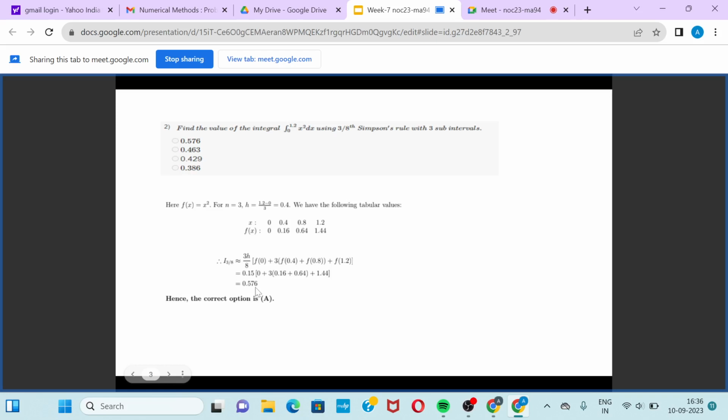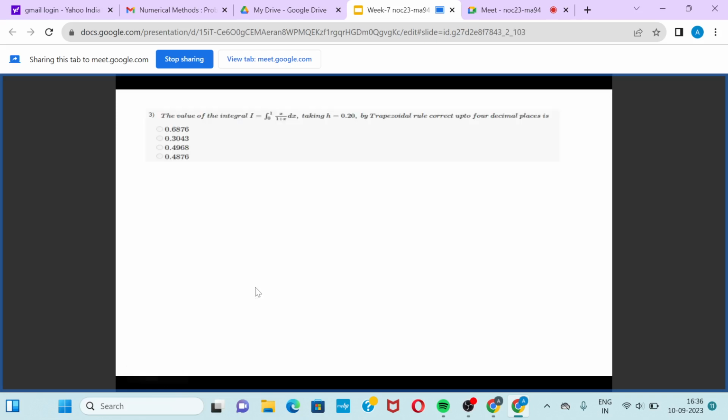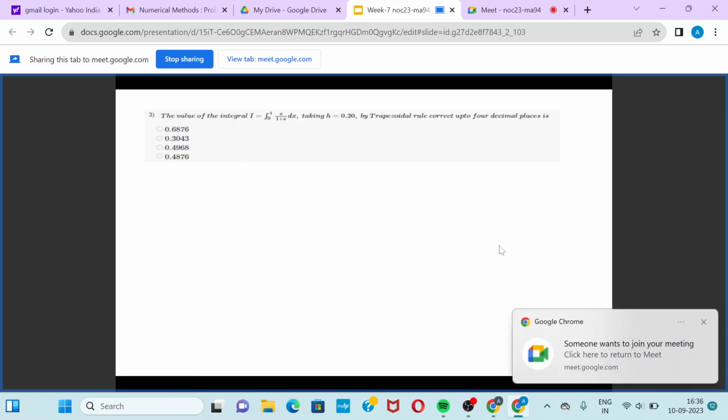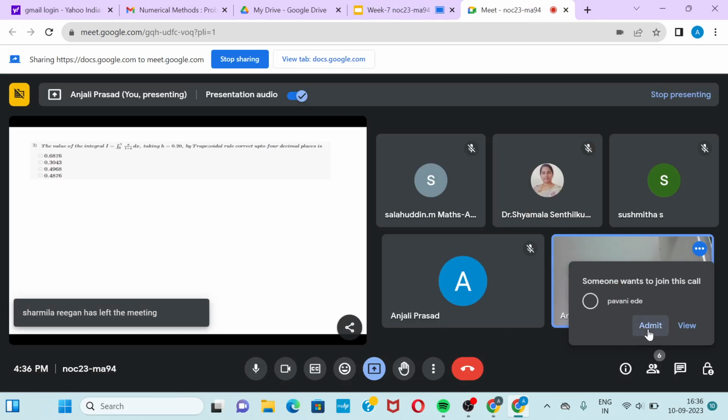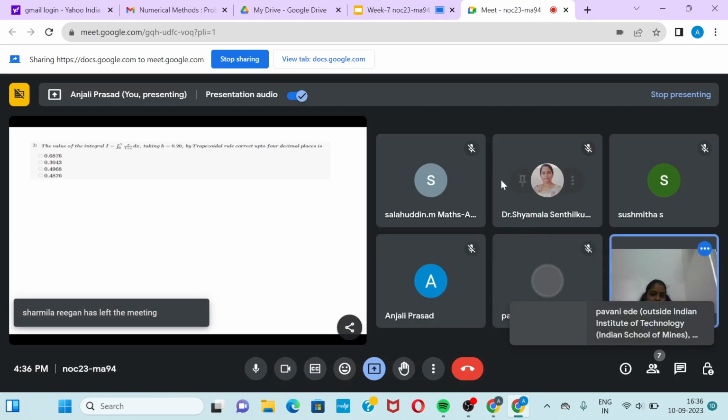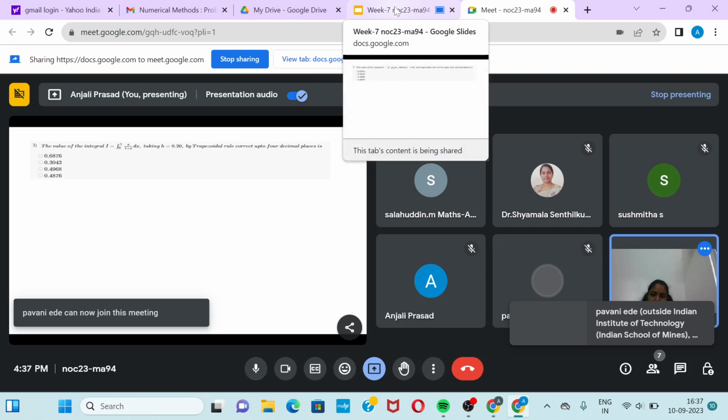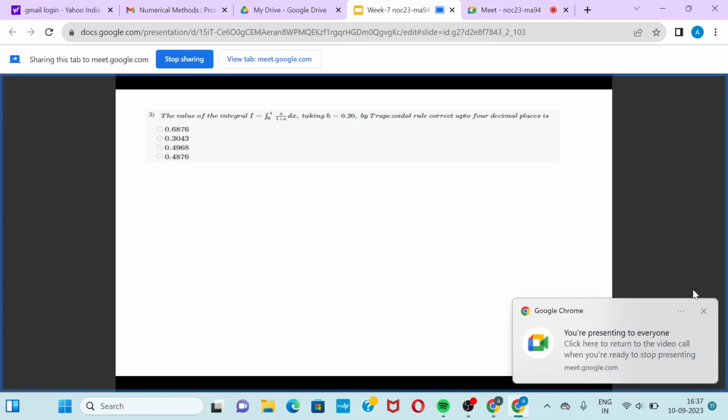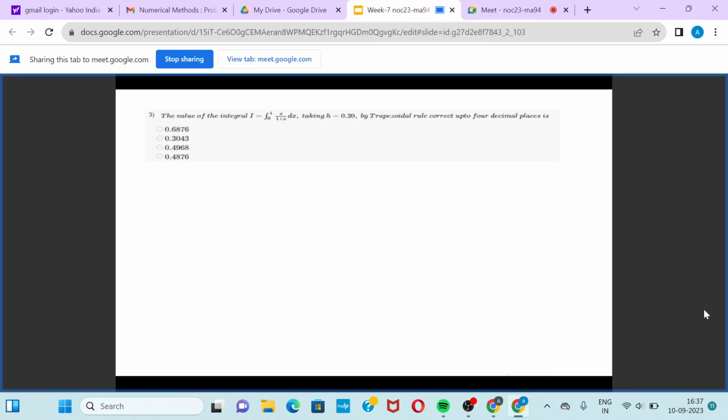Now the next question was you have to calculate the value of the integral I equal to the integral from 0 to 1 of x by x plus 1 dx, taking h equal to 0.20 using the trapezoidal rule.